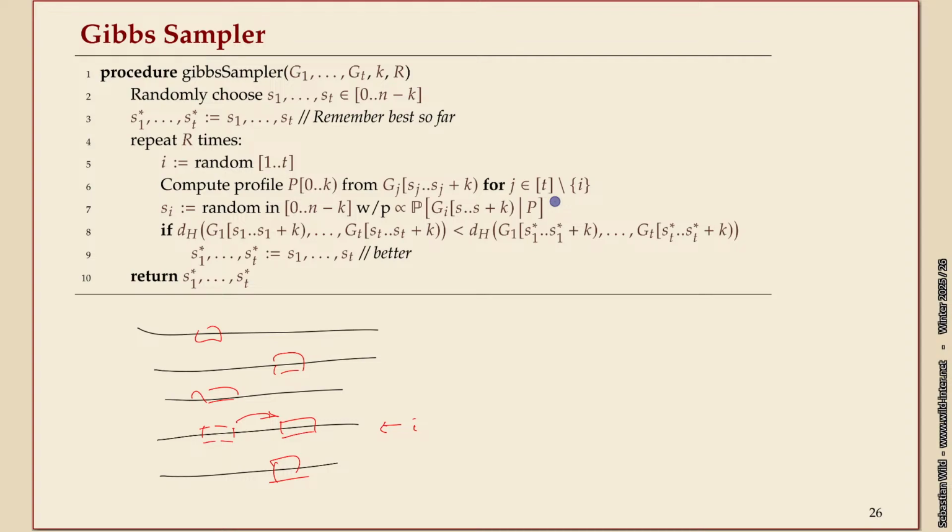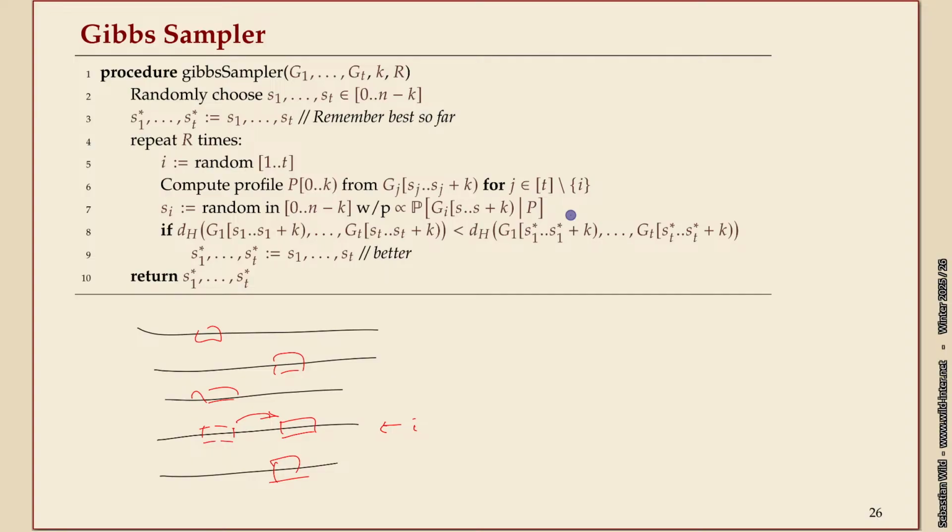And then you could have done the same as before, take the most likely new position. A twist here with this, that's then called Gibbs sampling. You compute for every possible position in this string where we're selecting a new thing from, the probability that it arises under the profile. And then we sample with probability proportional to that. So previously we would have said a hard max, find the most likely position, take that.